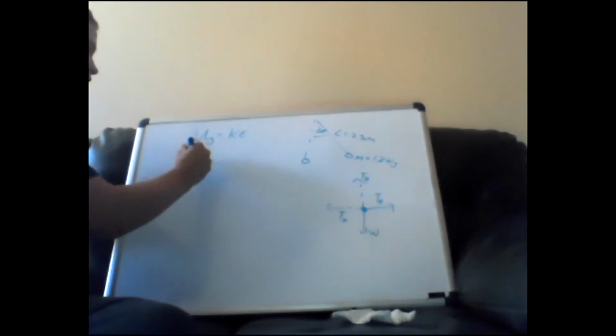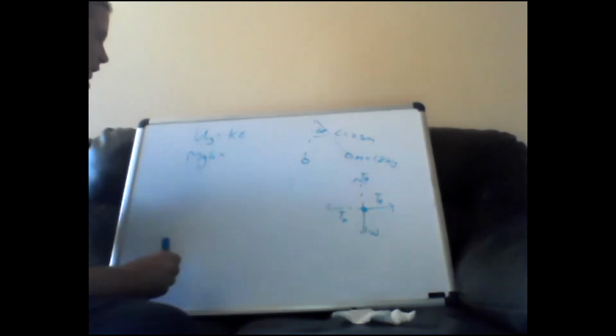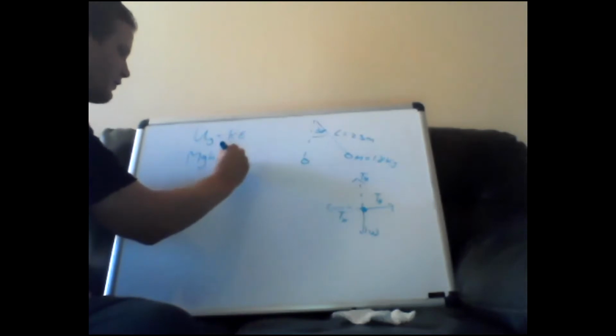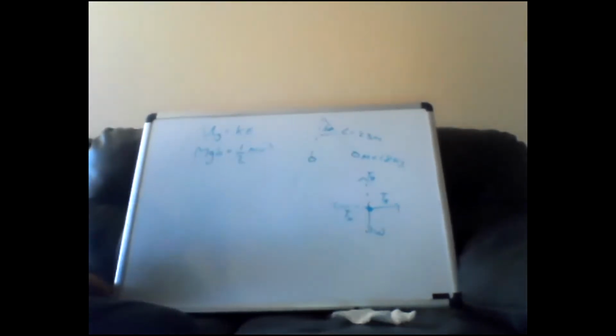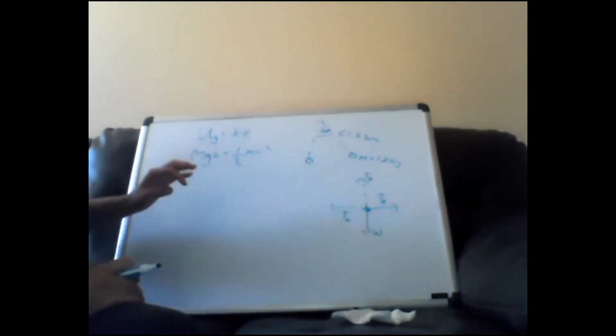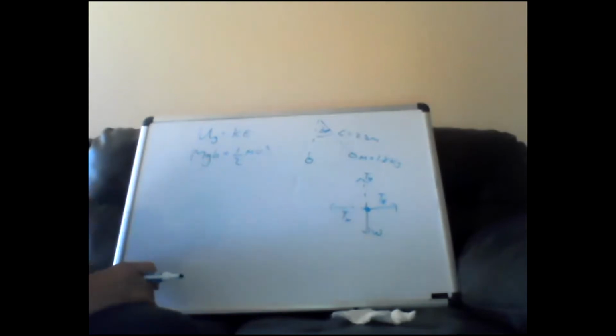And so my potential energy of gravity is just mass times gravity times height. And my kinetic energy is just 1/2 mass velocity squared. Okay, well, I see the masses cancel out. I can solve for velocity because I know the gravitational acceleration. I just need to know the height.